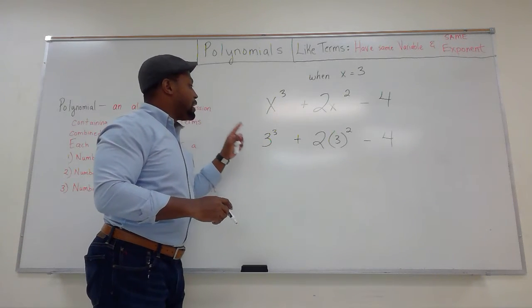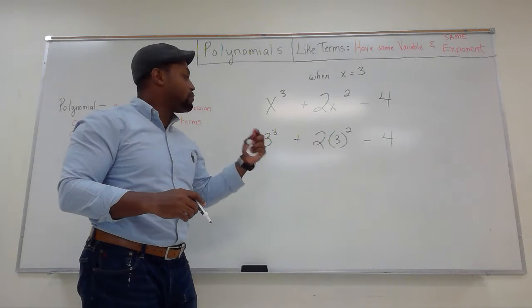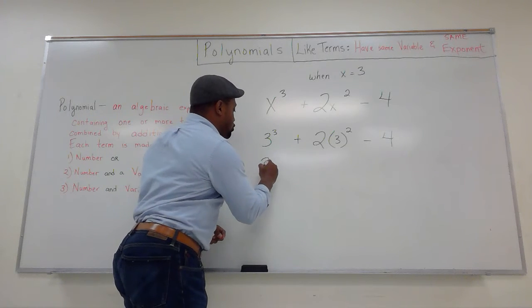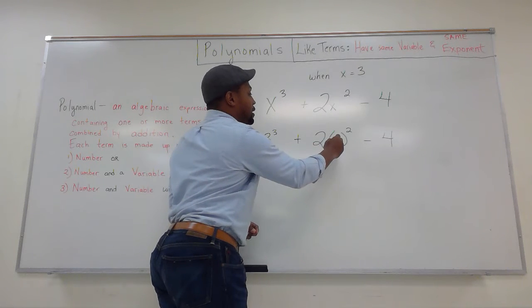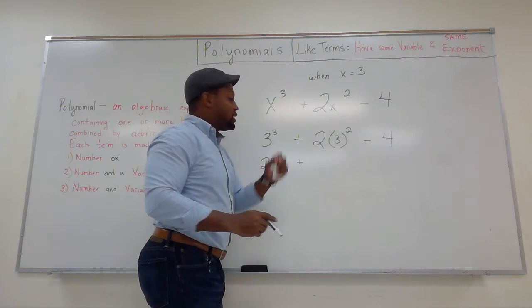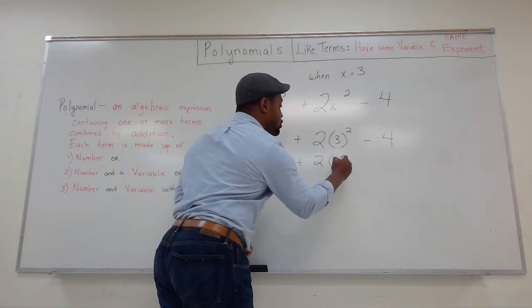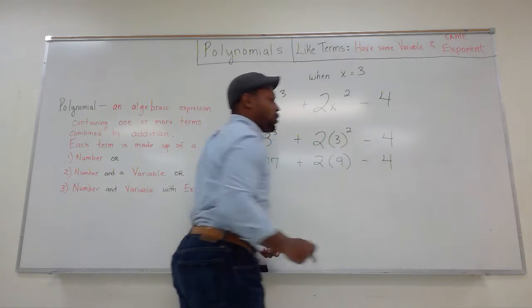So 3 to the third power is 3 times 3 times 3, and that gives me 27. Plus 2 times 3 to the second power. This is 3 times 3, which is 9. So that's 2 times 9, and then minus 4.